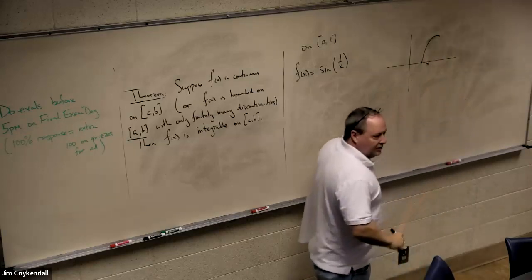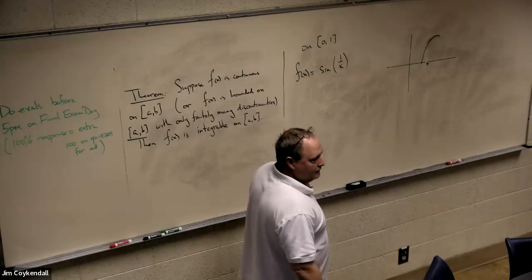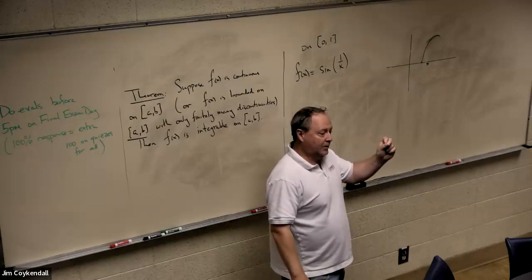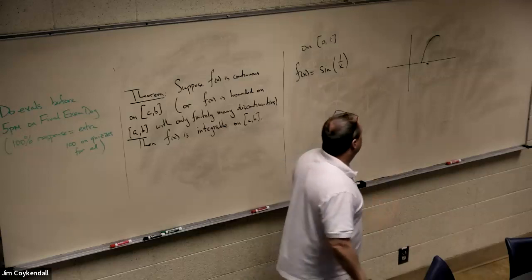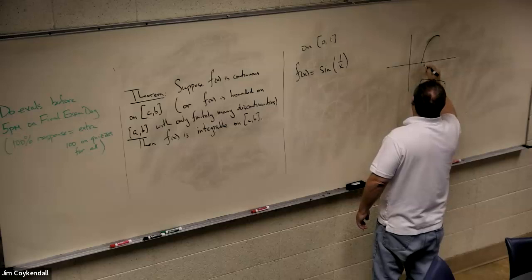Where does it cross the axis next? Well, the sine of pi is 0. The next closest, the sine of 2 pi is 0. Right? This will cross again, and this will cross again at half of that, 1 over 2 pi.